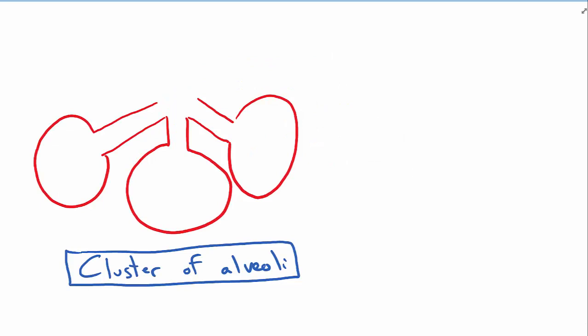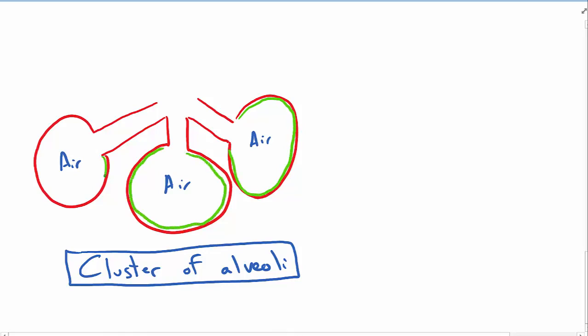Here we have a cluster of 3 alveoli, and we can see that there's a lot of potential for the effects of surface tension. You have air inside the alveoli. You also have a thin liquid barrier on the inside of the alveoli, which is represented by the green.